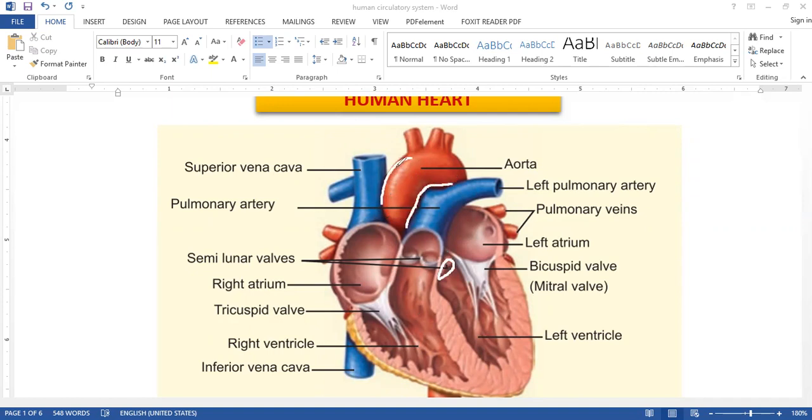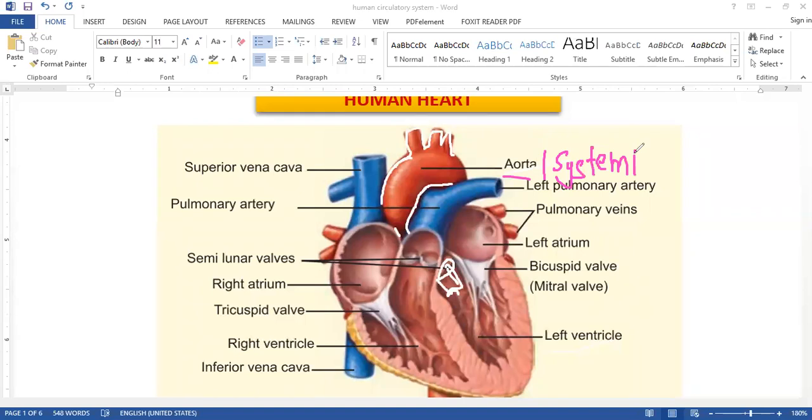The red colored tube which is starting from this left ventricle, starting here, we can call the aorta, or we can say systemic artery, aorta or systemic artery. Don't confuse, I will draw a nice picture.